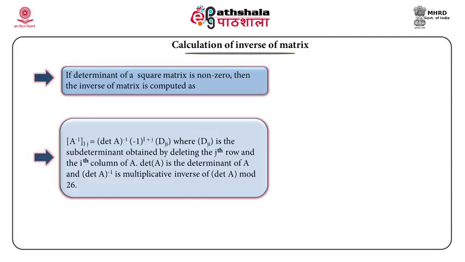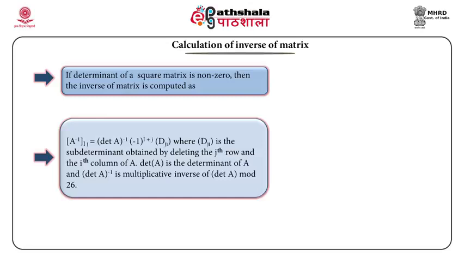To compute the inverse, the equation says find the determinant of A, take its inverse, then (-1) raised to i plus j. The exponent is i plus j. Once again, clear: i is the number of rows, j the number of columns. Then we need to check D of ji.